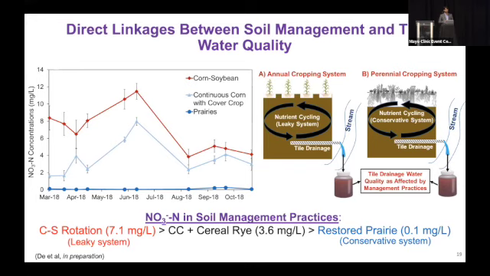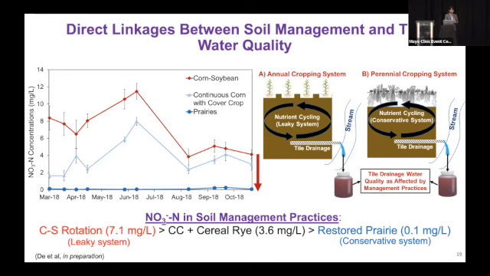So what did we learn out of this? We found that any kind of conservative system, that means the prairie system, at the end of the year, the nitrate concentration was minimal. Look at the concentration here, we cannot even see it. It's like 0.1 milligram per liter, or 0.1 parts per million.